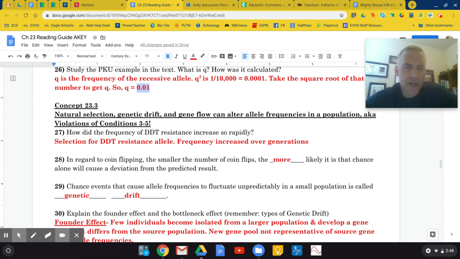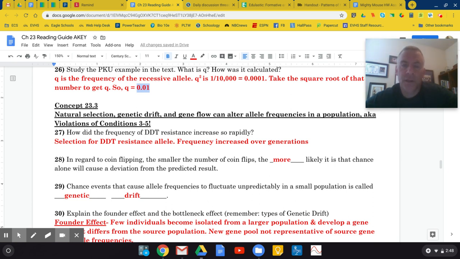As we go down, we move into 23.3, which is natural selection, genetic drift, gene flow, all these things that can change allele frequencies and violate Hardy-Weinberg, which can cause evolution. So DDT was a pesticide that was used many decades ago, and it worked really well early on. Killed off pests, crops thrived, but over time, DDT worked less and less.